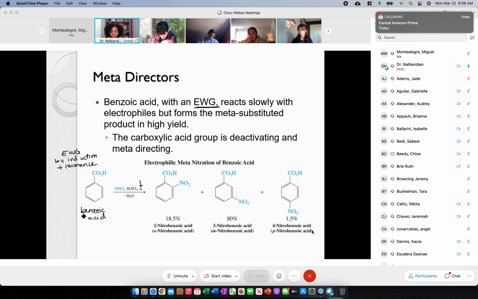It's deactivated, right? We're pulling away electron density. So it's deactivated. We need to heat it up to kind of try to speed up the reaction, but it's going to direct the reaction to occur at the meta position. This carboxylic acid group is deactivating and meta directing. Very little ortho and para products.